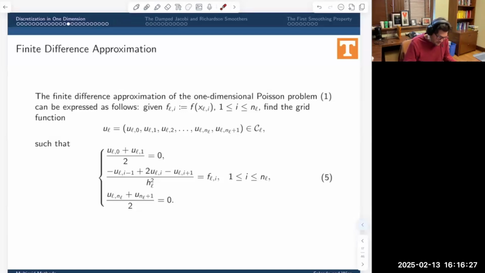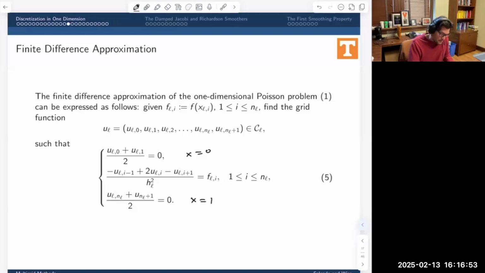All right, so I want to look for a grid function which is defined at every grid point, including the ghost cells. And I'm going to set the average of u to be equal to 0 at essentially x equals 0. And I'm going to also set the average to be equal to 0 at essentially x equals 1.